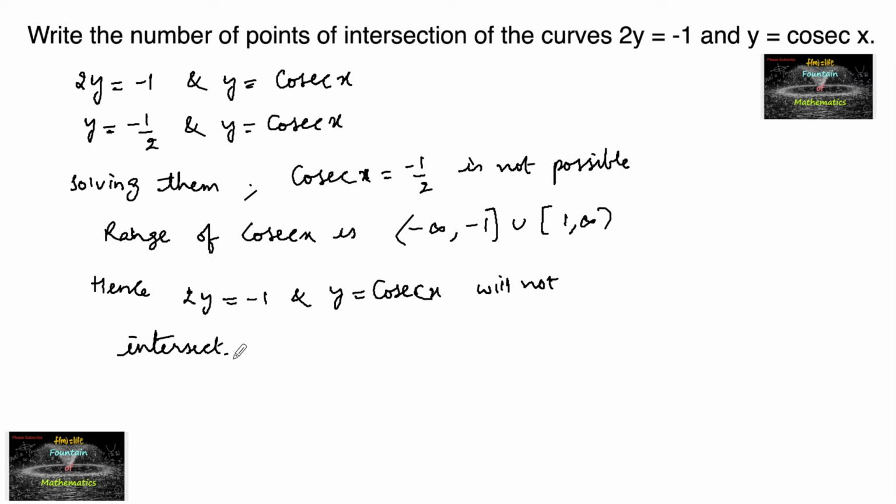So you can also check in the graph. Cosecant is the reciprocal of sine and this is a sine graph.